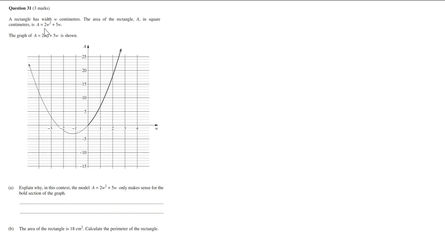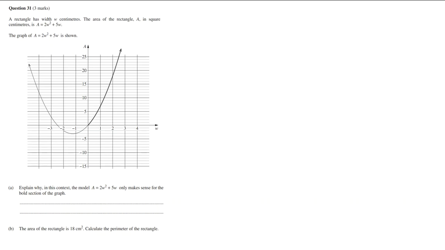So they've represented what the area would come out to be using this equation, and that equation's graph is over here. Now the question is asking why in this context it only makes sense for the bold section of the graph.